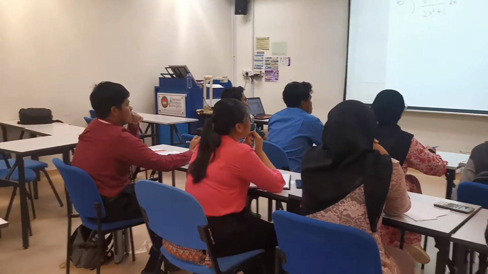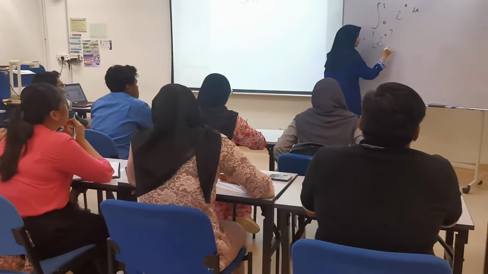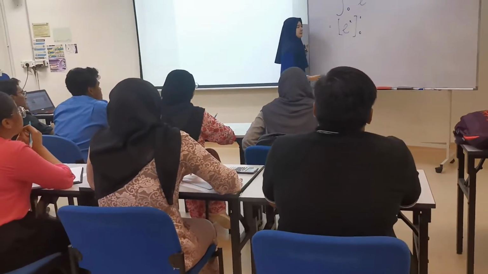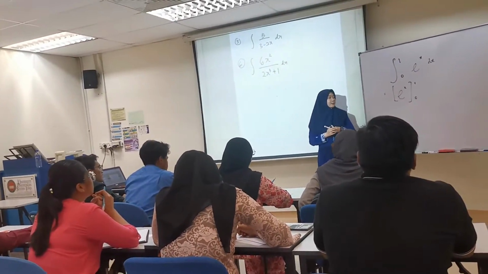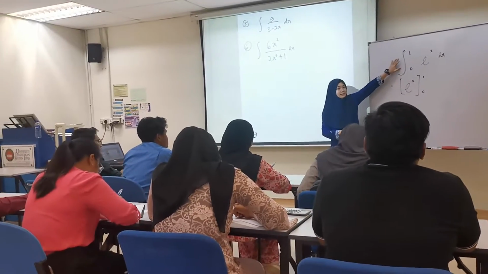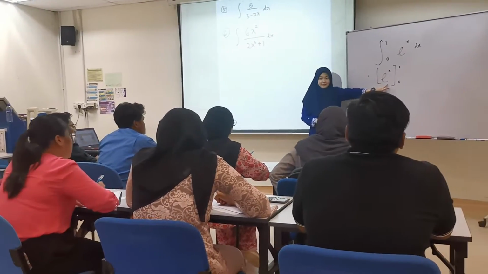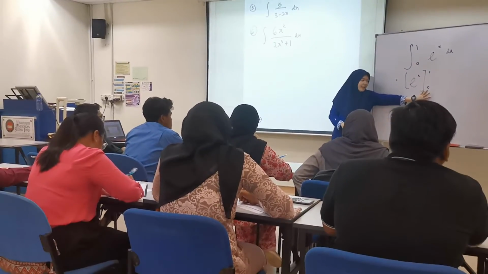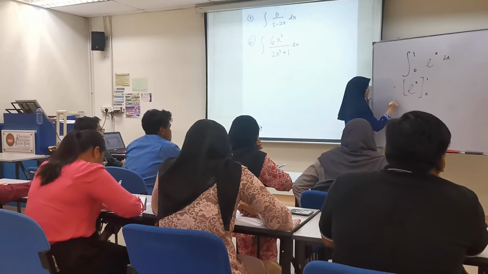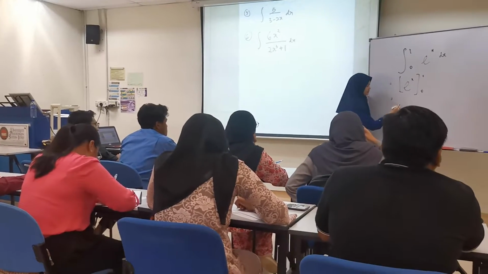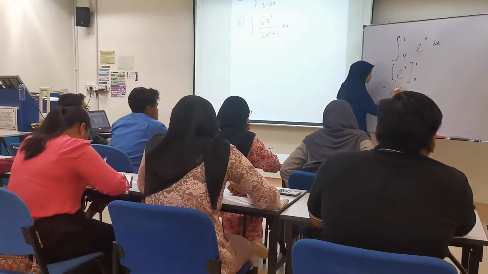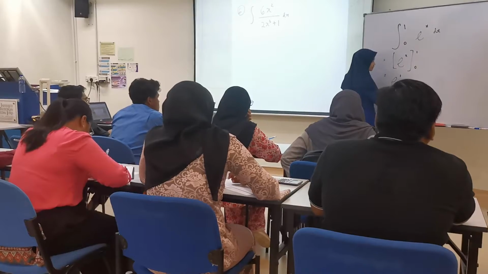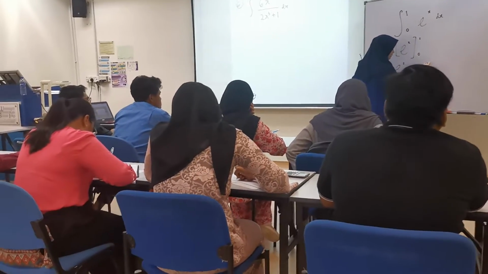Because we have limits. You write 1 and 0 at the back, and then we substitute: e to the 1 minus e to the 0.